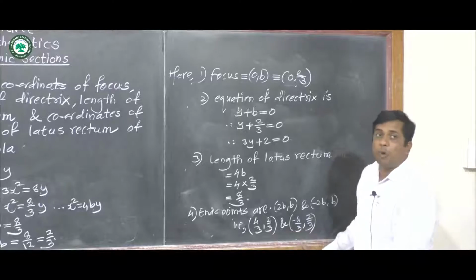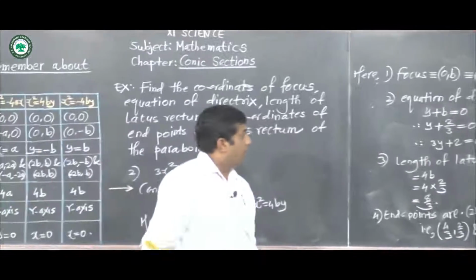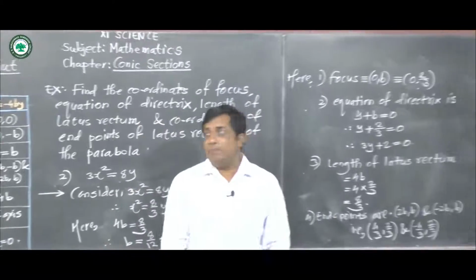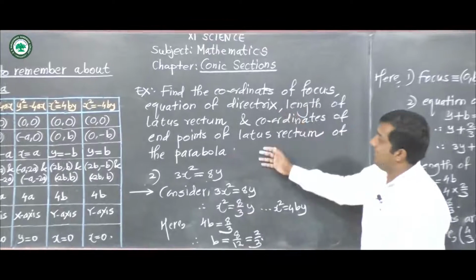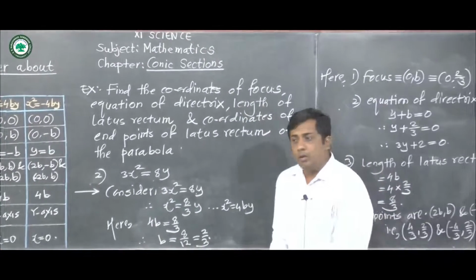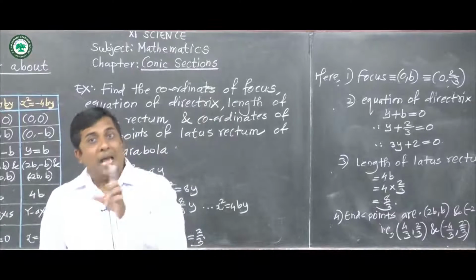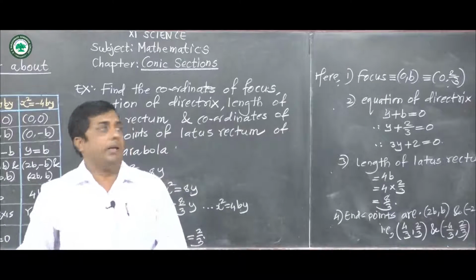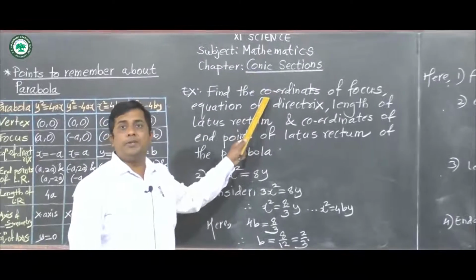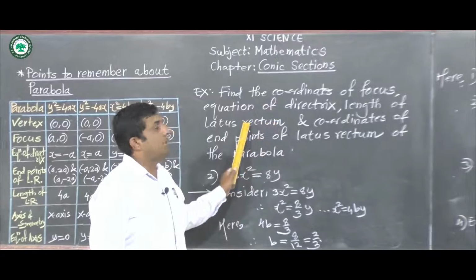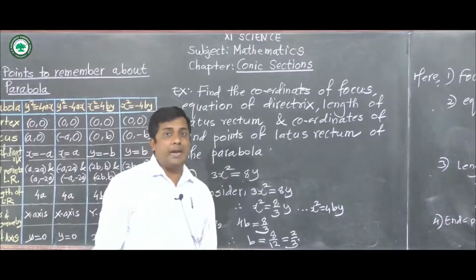So these are the endpoints of the latus rectum. So very simple example it is. Directly by using these formulae we find all these points. So directly on the parabola we define the focus, we define the equation of the directrix, we define the length of the latus rectum, and here the endpoints of the latus rectum.